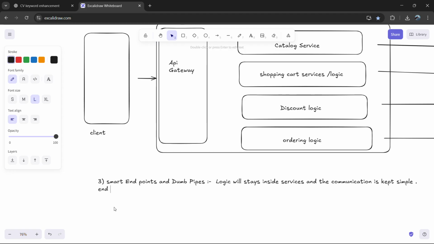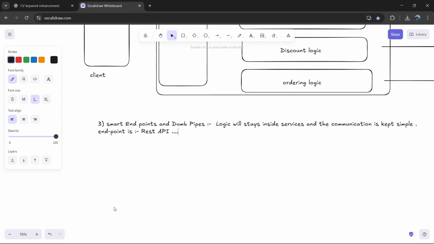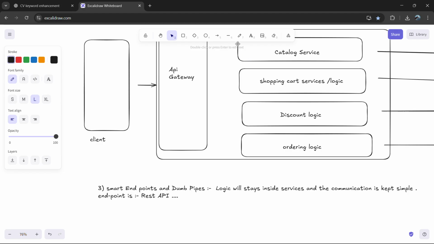Here the endpoint is nothing but our REST API. The concept of REST API we will understand in our next video. But here you should remember that the communication from one service to another service is done by the smart endpoints, not through the pipes, not through the connection.